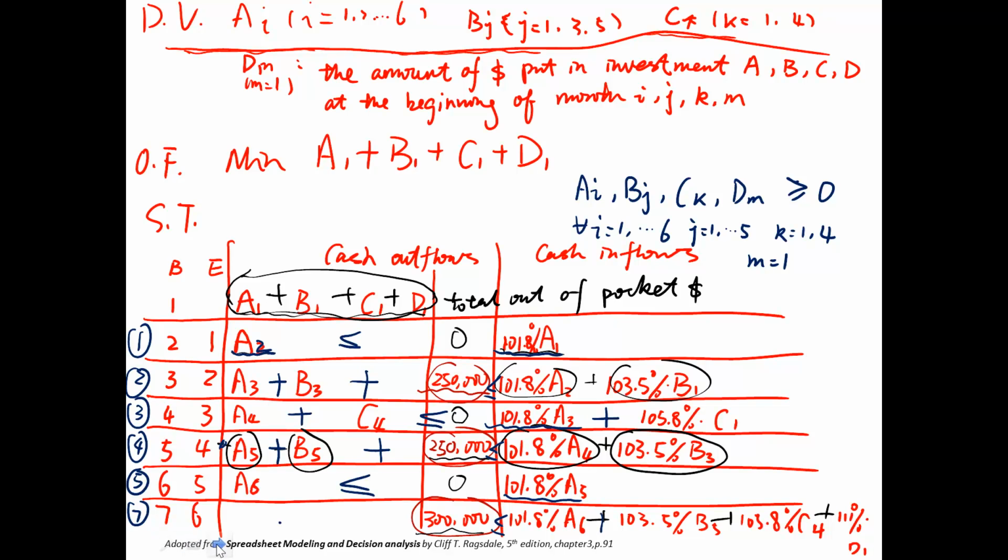Last one is 300,000. I just wrote 300,000 less than or equal to all those cash outflows. Oh, sorry, cash inflows.